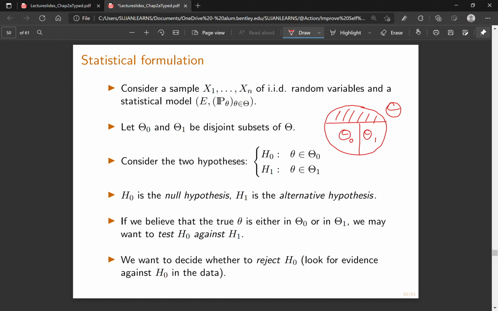We can do this by creating a statistical model out of this simple English.